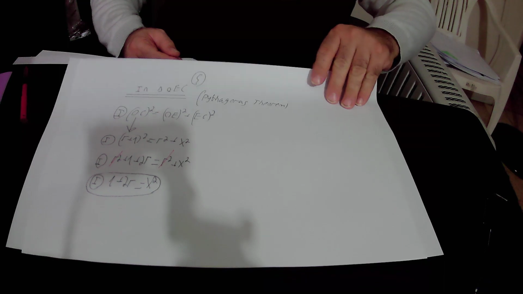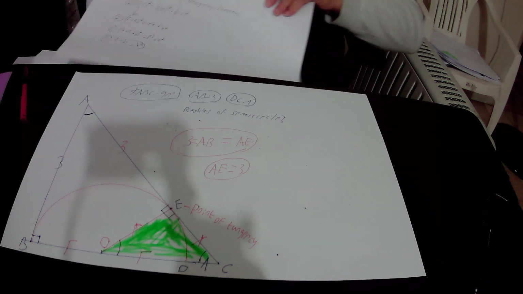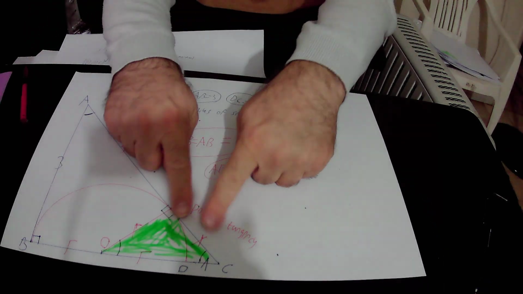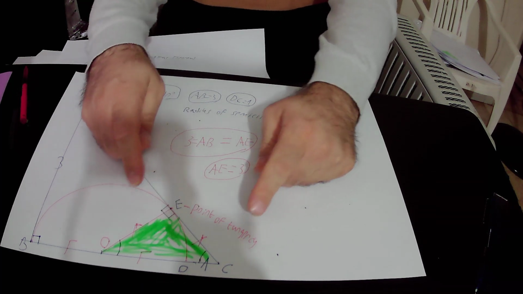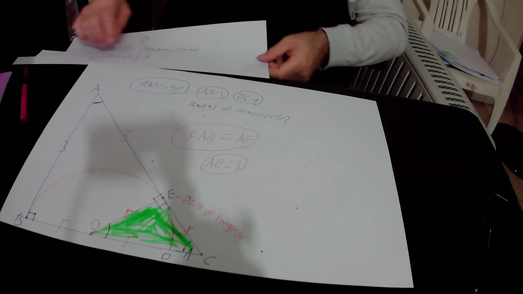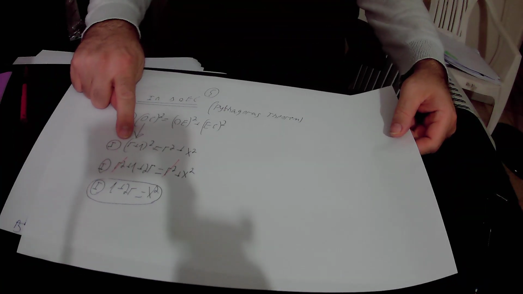But what is the value of OC? As you can see from the drawing, OC equals R plus 1. So OC squared equals R plus 1 squared.